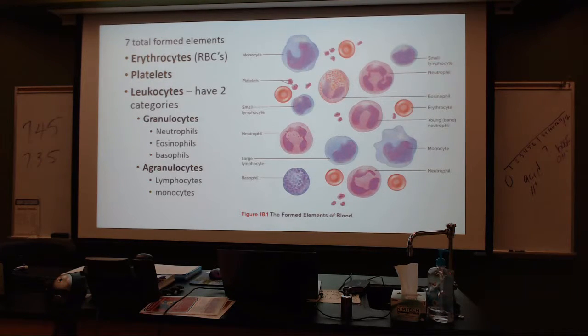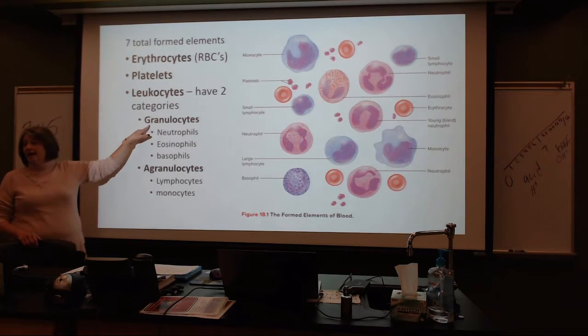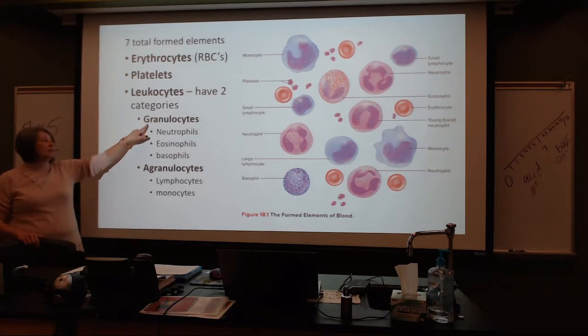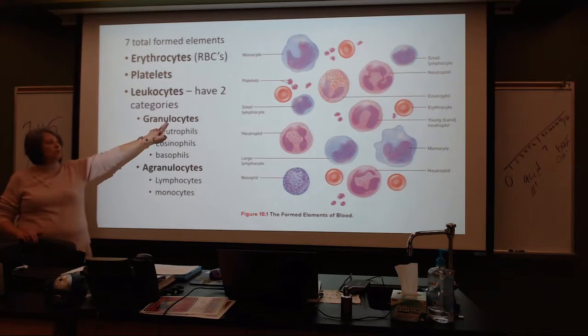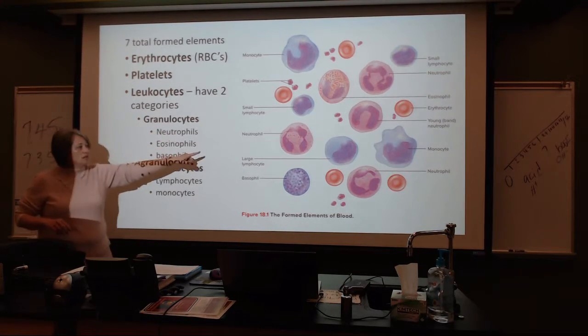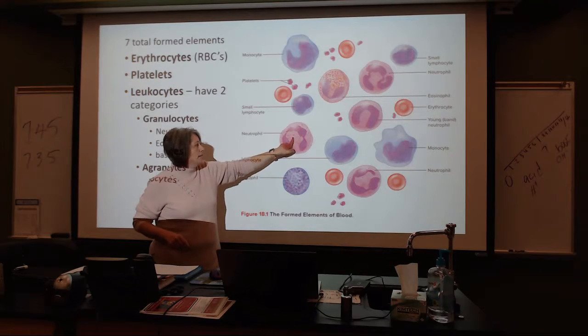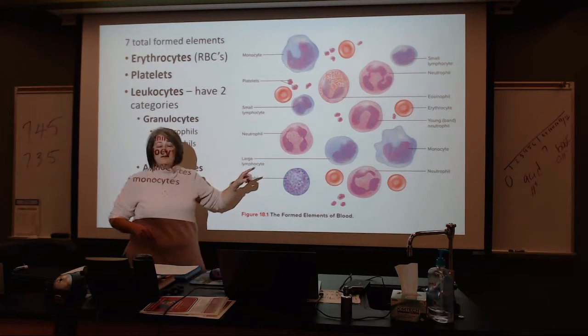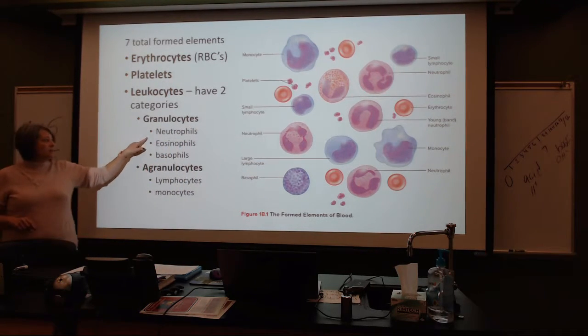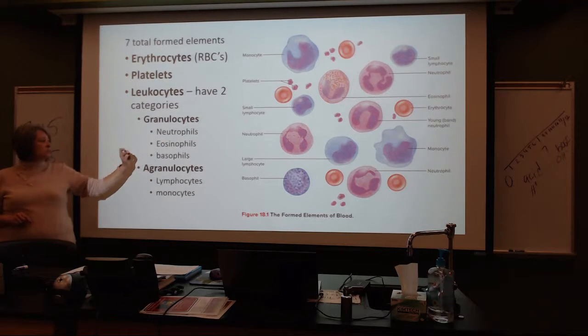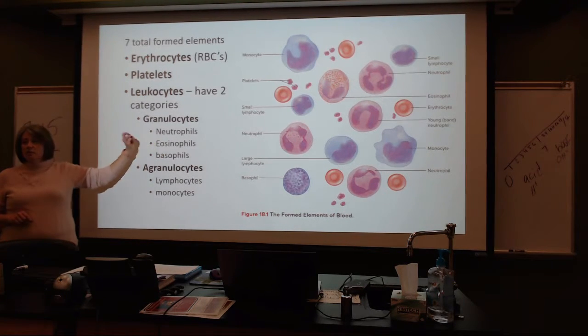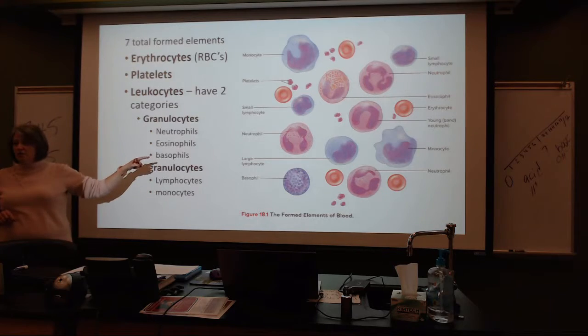So, the cells that do have very visible granules. And can you guys see what I mean by granules? Okay. My neutrophils, eosinophils, and my basophils.